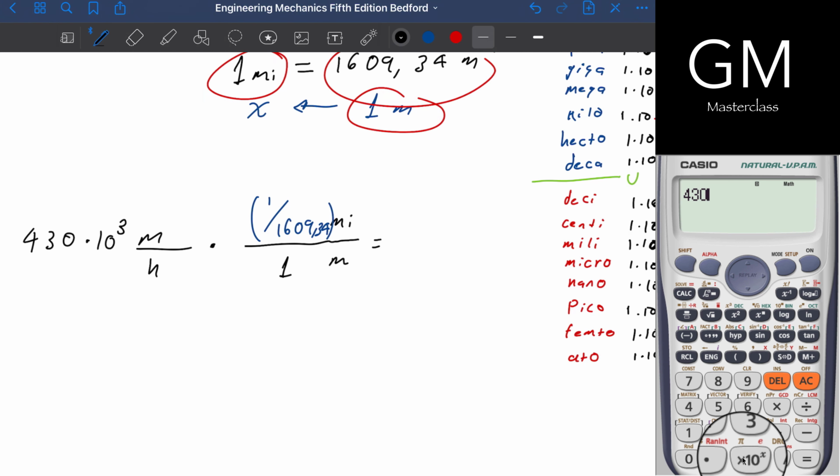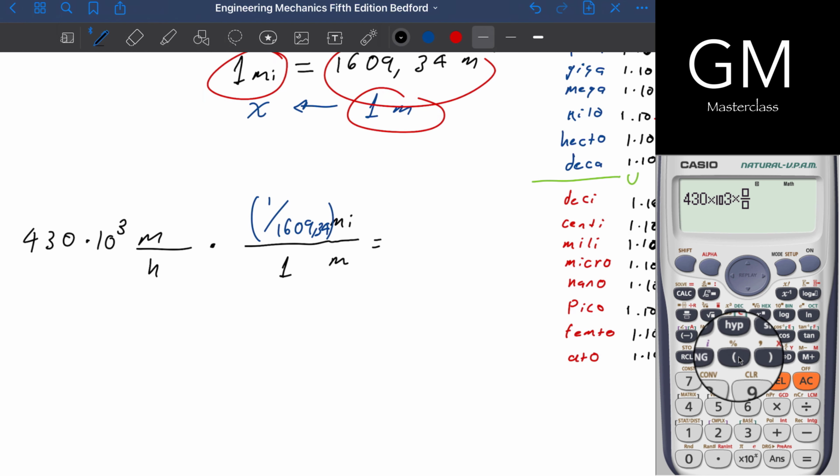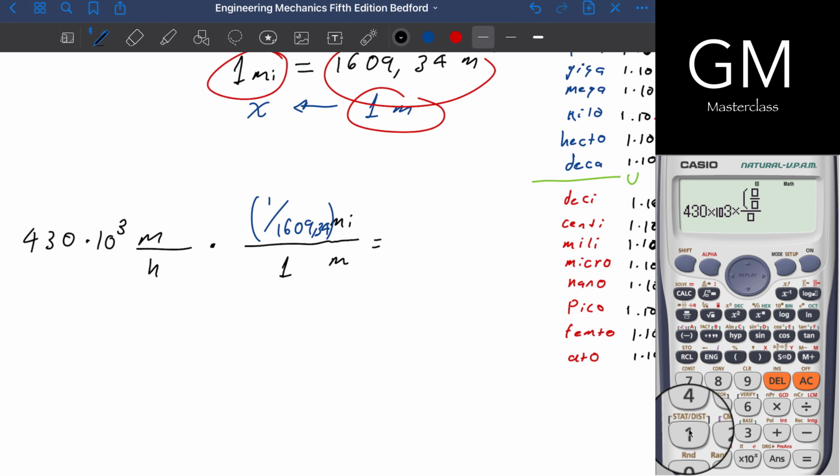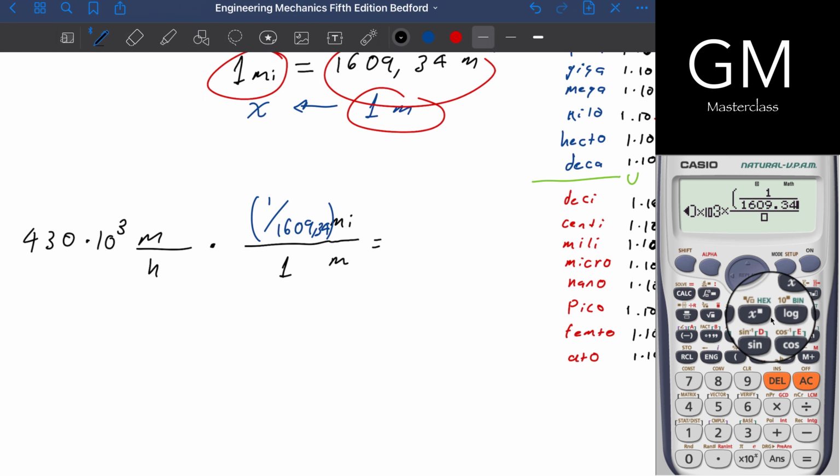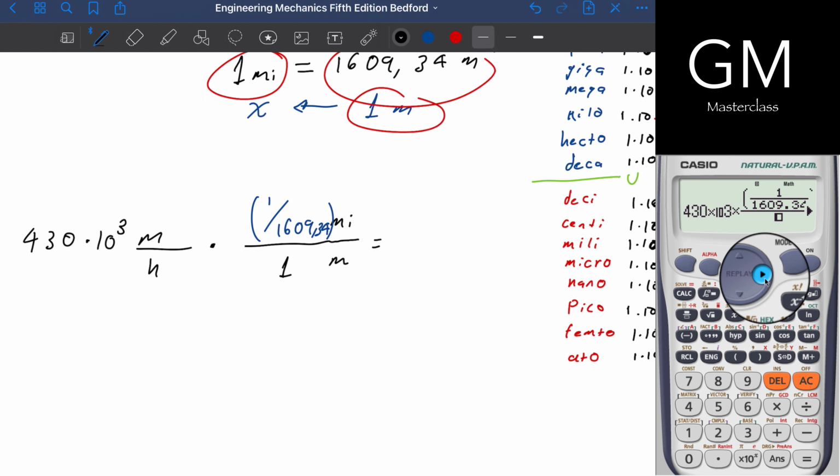430 times, this button helps me write multiply by 10 to the x power, which is the third power, multiplied by 1 divided by 1609.34 divided by 1.